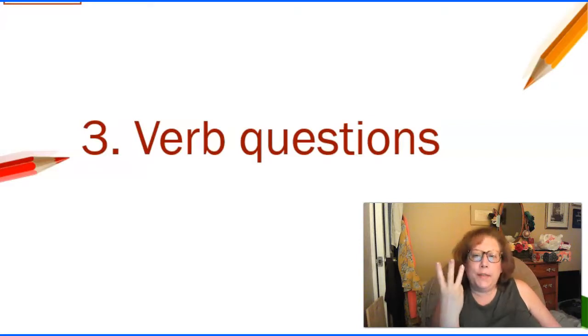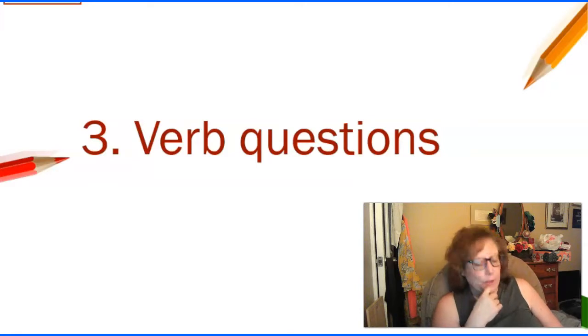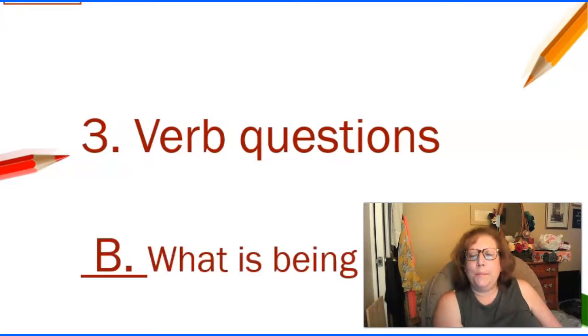So we have 3 choices there. Now, when we have a subject in a sentence, we always want to know what's being said about it. So that would be our verb question. What is being said about Sally or Tommy? What is Tommy doing? We want to find out what's being said about them. So our verb question is going to be B, what is being said about?